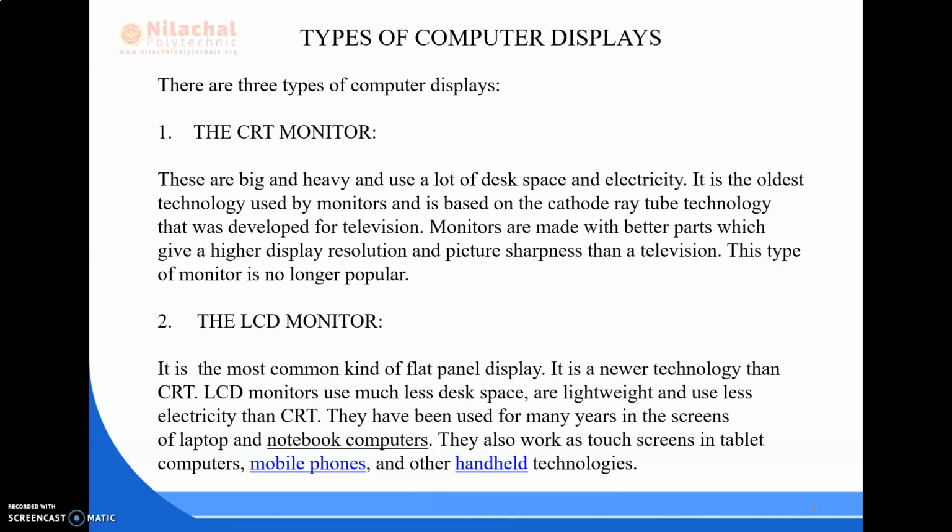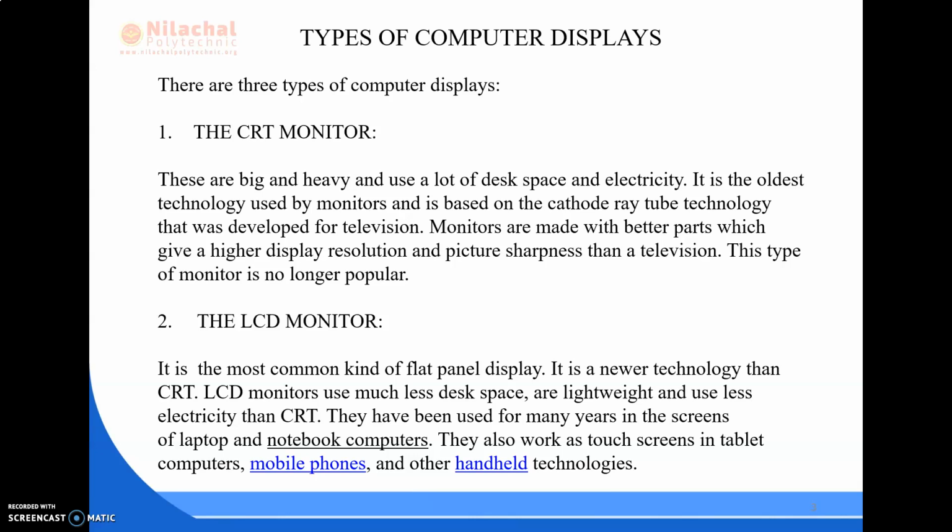The next type of display we will be discussing is the LCD monitor display. It is the most common type of flat panel display. It is a newer technology than CRT. LCD monitors use much less desk space, are lightweight, and use less electricity than CRT.